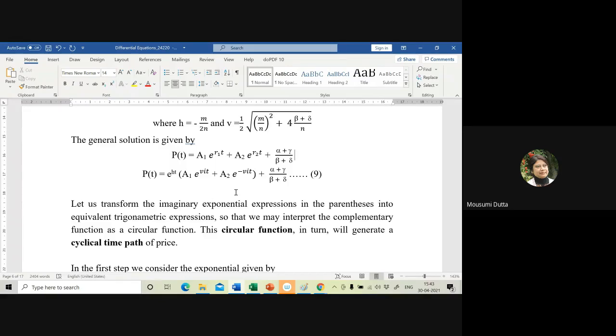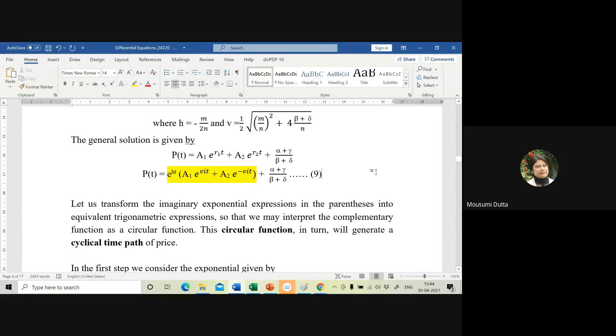Okay, now before going to that part, I want to add something regarding the stability part: when the time path will be convergent, when the time path will be divergent, etc. Now, if I look at this structure, the time path will be convergent if this entire first part moves towards 0 as t tends to infinity.